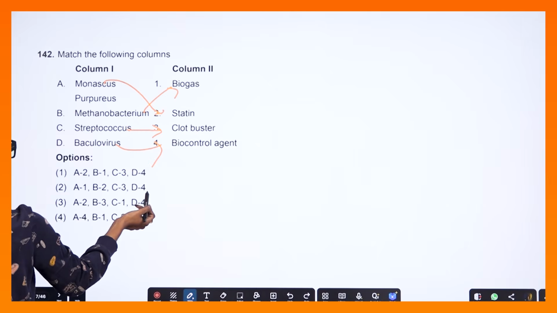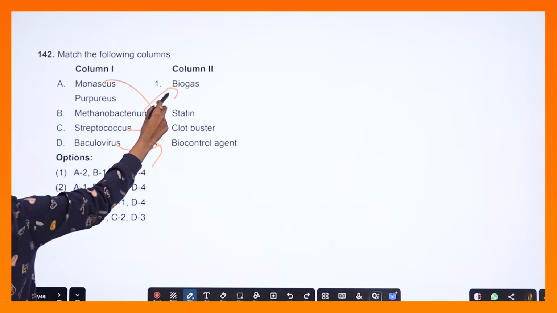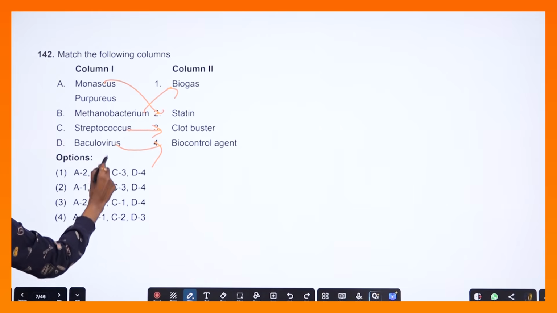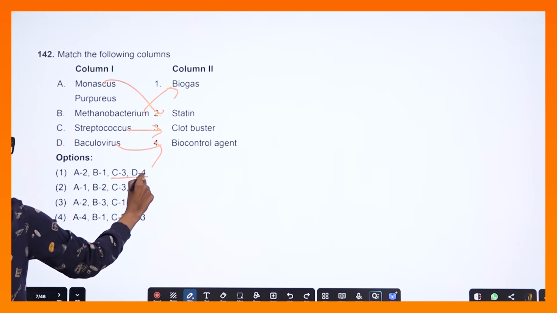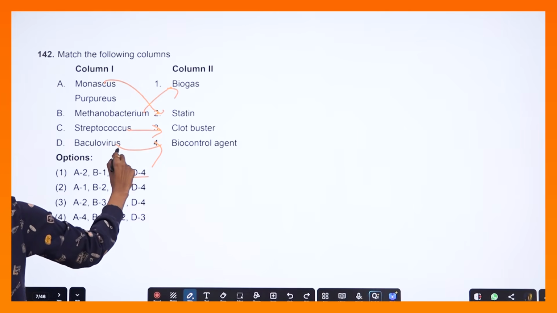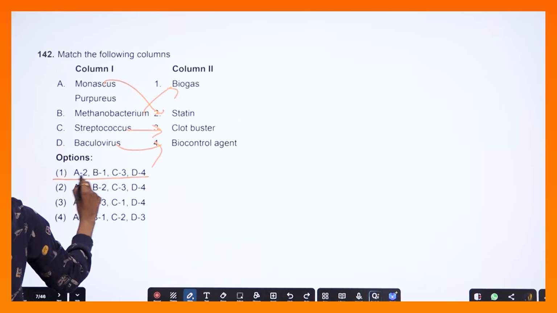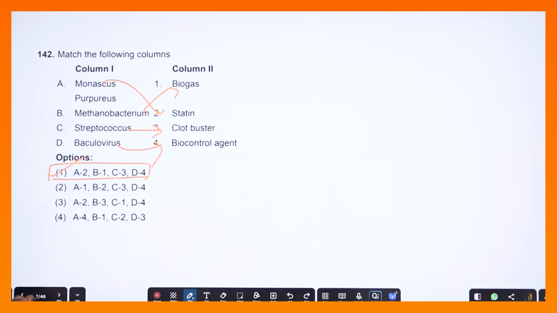Okay, C3 D4, B1 and A2. This one, correct?